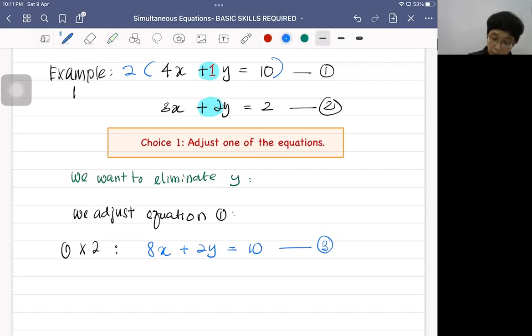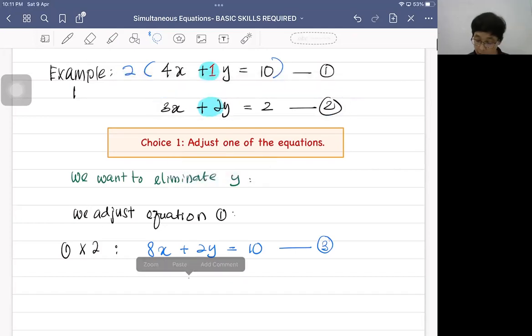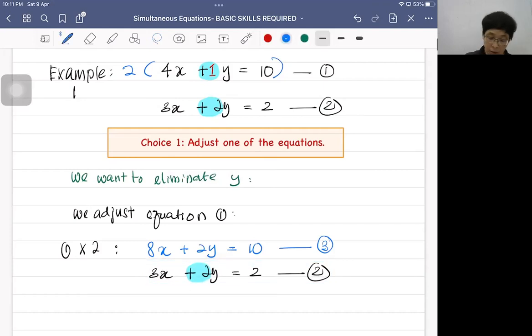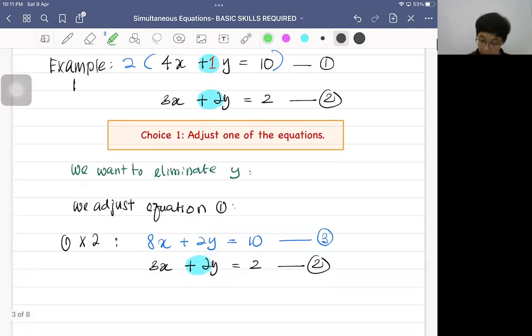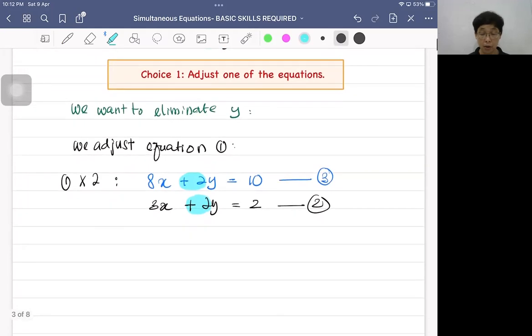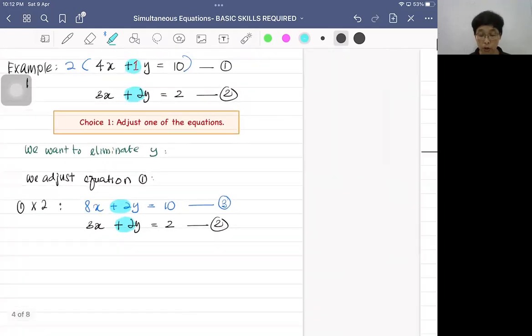If we take this down, we're going to copy and paste this so that it is easy for you to compare. Now you notice that both of the equations have 2y. So this is where we can eliminate it. This is choice 1, when we just adjust one of the equations.